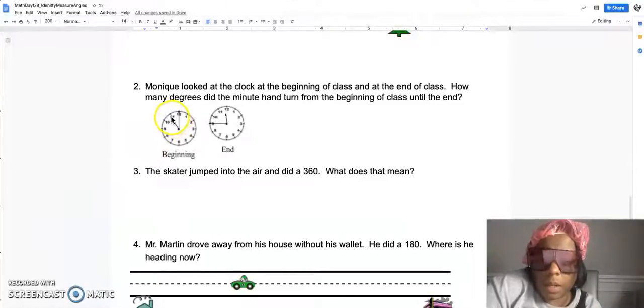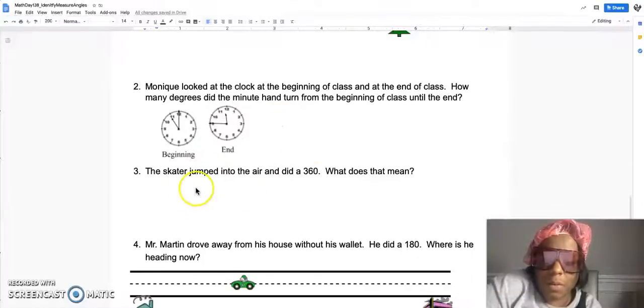So let's start. 3, 6, 9, 12, 15, 18, 21, 24, 27, 30. So that is a separation of 300 degrees. So our answer for this question is 300 degrees.